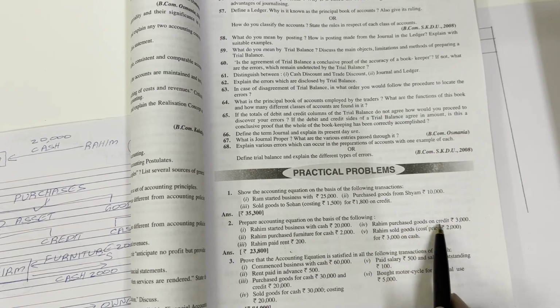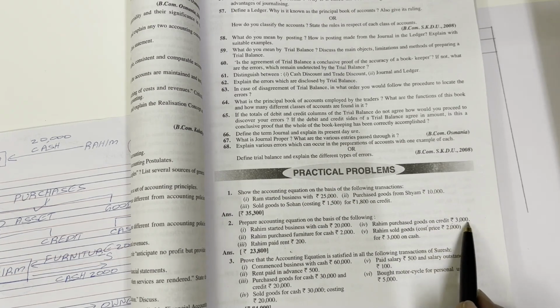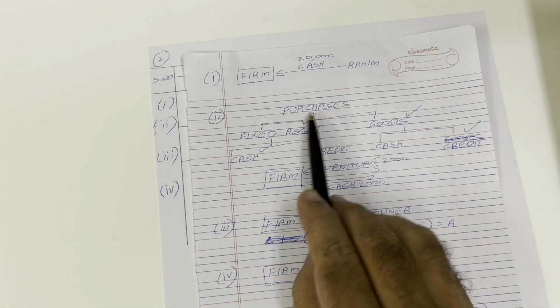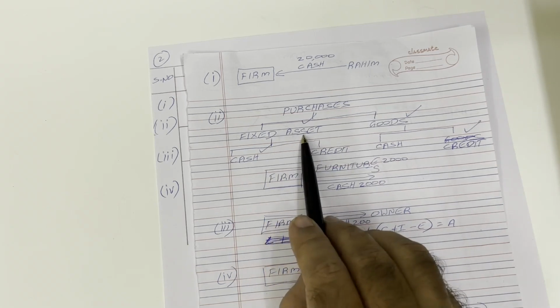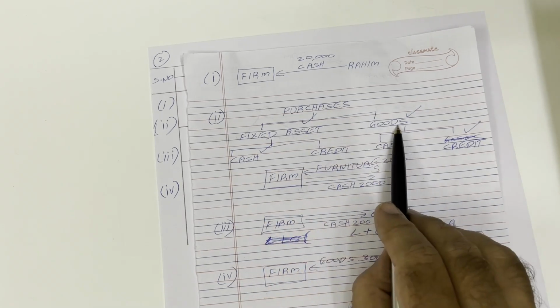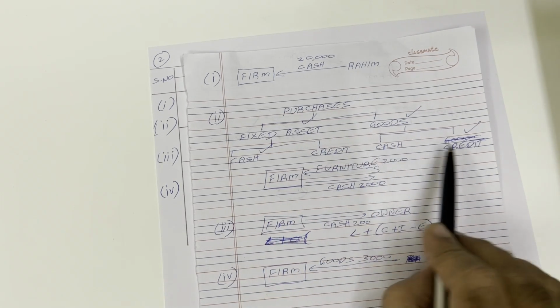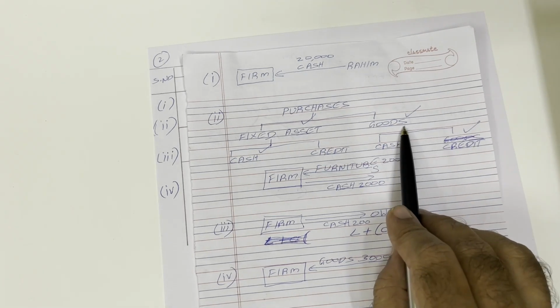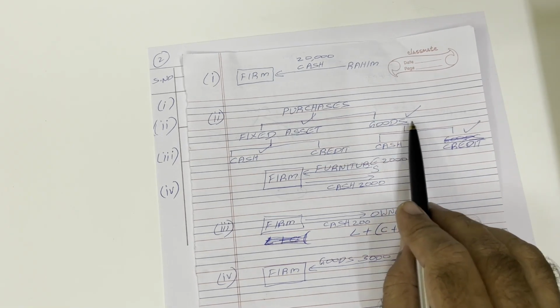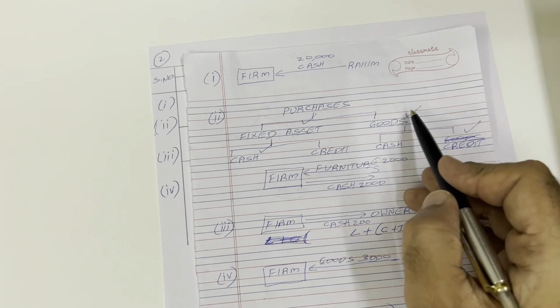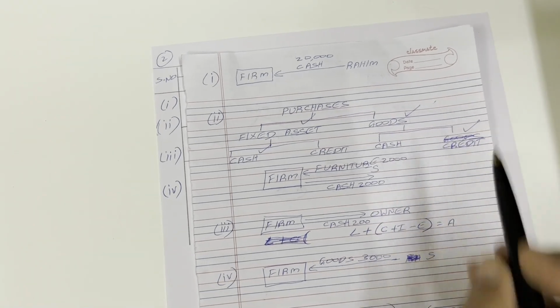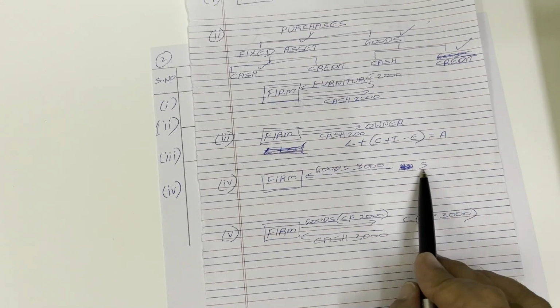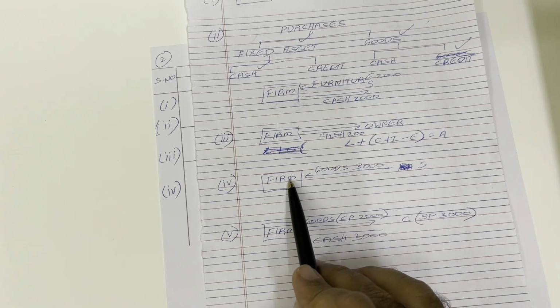Rahim purchased goods on credit 3,000 rupees. As I said earlier, purchases are of two types. A fixed asset may be purchased or goods may be purchased, for cash or credit. In the present bit, the question says that Rahim purchased goods on credit. So from the supplier, the firm purchased goods.